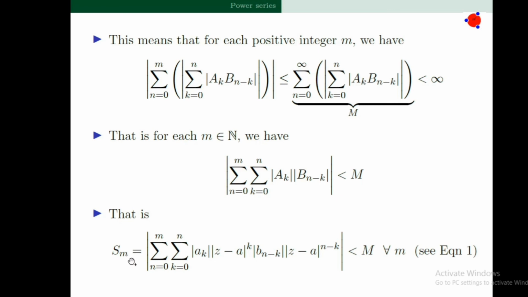That means the m plus 1th partial sum of the product series, that is summation n equal to 0 to m, summation k equal to 0 to n of mod ak into mod bn minus k, is less than or equal to M. Then look at equation number 1.